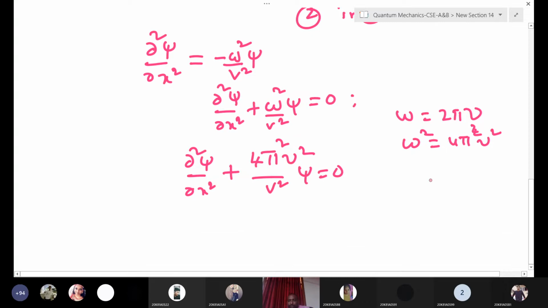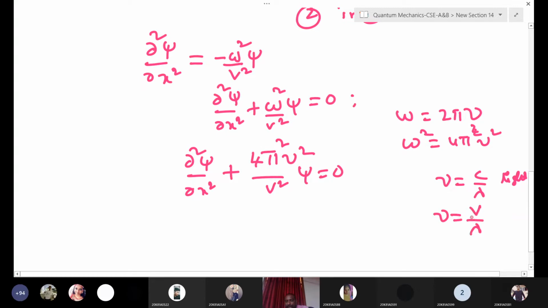Now we know that nu is equal to C by lambda, right? So here you substitute that. In the case of light propagating, this C is the light velocity. But in our case, a material particle is propagating, so what do we have to replace? C is the light velocity, and now we need the material particle velocity, v by lambda.